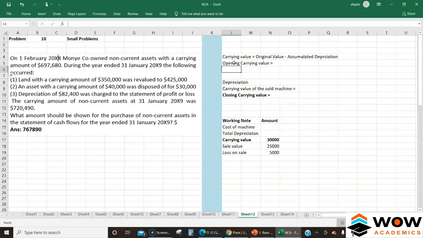So we'll start. Land has been revalued, so the value of assets would go up. By how much will it go up? It will go up by the difference. So the difference is 4,25,000 minus 3,50,000.